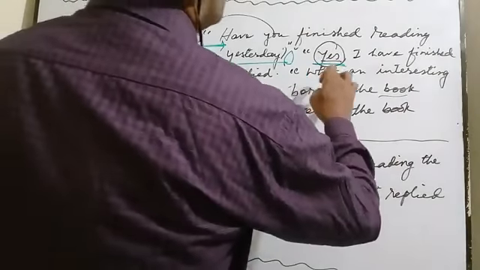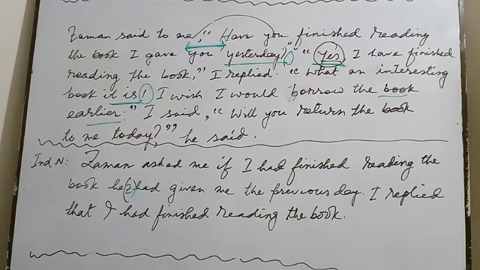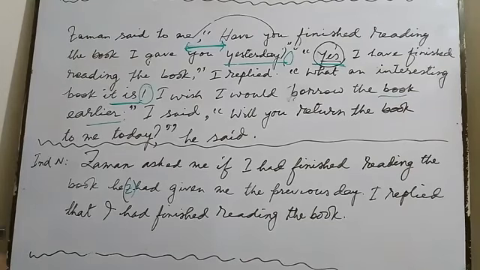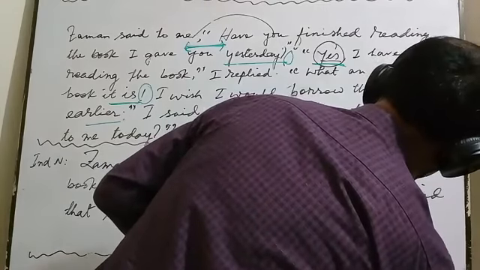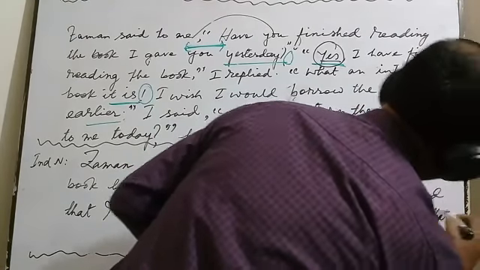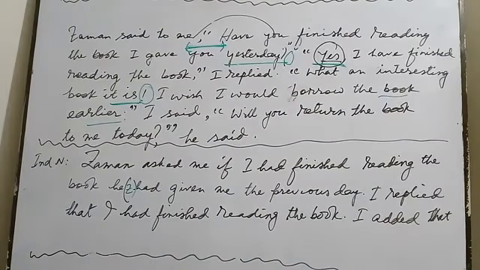Okay, what an interesting book it is. It is the expression of I. I replied that it was so. Again I added that it was an interesting book, or I replied that it was a very interesting book. Then it is I added that, or I exclaimed with joy that.